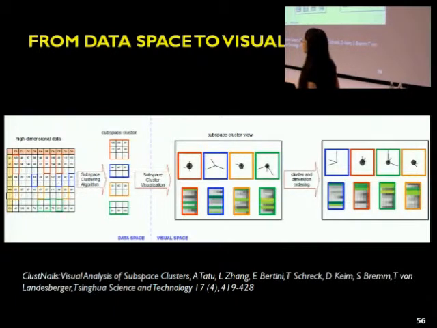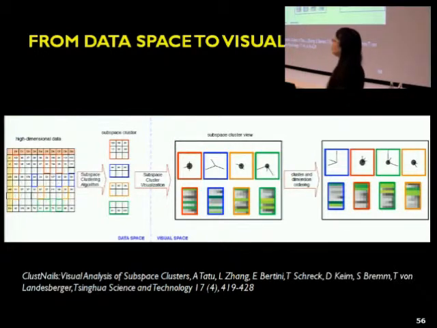So the result of subspace clustering is basically, first of all, a list of groups, each containing many objects in your data. But for each group, you also have to associate it with a subset of dimensions that specify this group. So it is hard for the non-data mining expert to understand this kind of information, especially when the number of clusters is large and the number of dimensions is large.